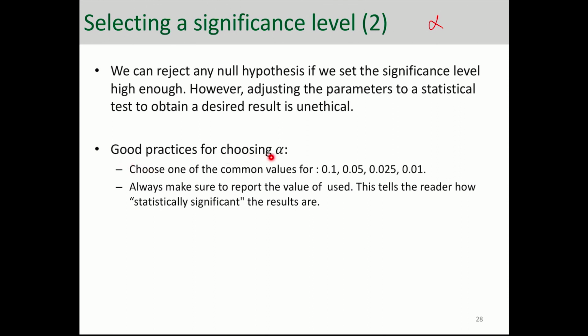So a good practice is choosing alpha from one of these values. These are acceptable alpha levels, 0.1 all the way to 0.01. And whenever you're doing any hypothesis test, you would have to report your alpha, so the reader of the test would understand at what alpha level you made that decision.